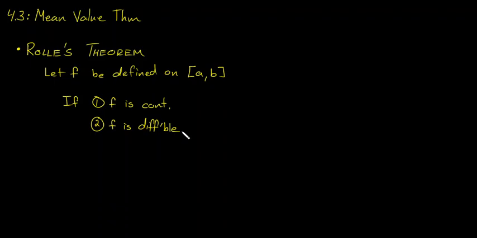There's such a better word for the slope of the tangent line: derivative. I can take the derivative. If f is continuous on this interval and is differentiable on the open interval from a to b, you may be wondering why it has to be the open interval. Because at these endpoints it's just a point. You can't take the derivative there. And furthermore, 3, f of a equals f of b.